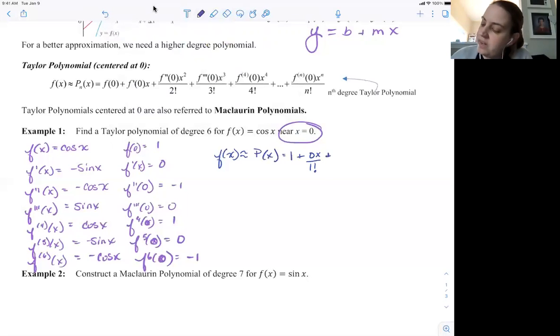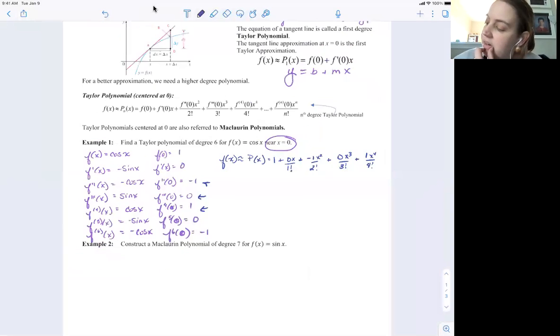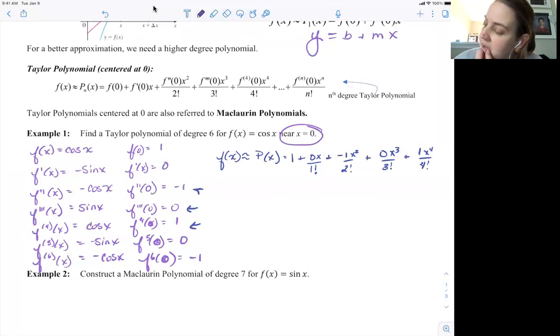Plus the second derivative, which is negative 1, x squared over 2 factorial. Plus the third derivative, x cubed over 3 factorial. And the fourth derivative, x to the fourth over 4 factorial. I'm out of space here, that's okay, we'll keep going. Plus 0 x to the fifth over 5 factorial minus x to the sixth over 6 factorial.